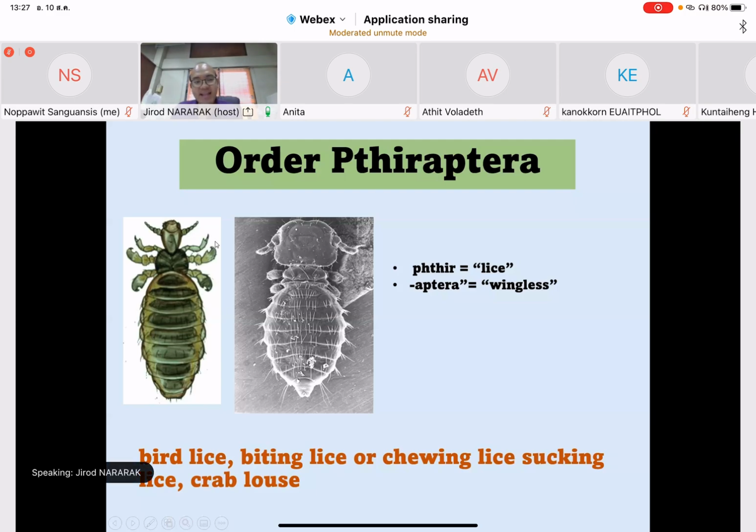You can see the leg is a leg with a hook, and the tarsi are adapted for grabbing their host. They live in hair or in fabrics, or in feathers, something like that, so their legs have to be able to cling on. Mostly they are parasites on animals.